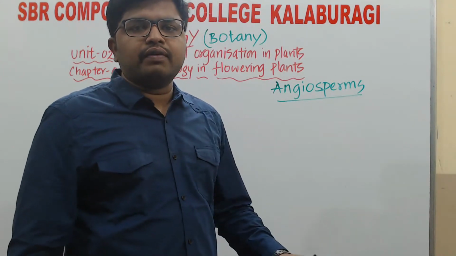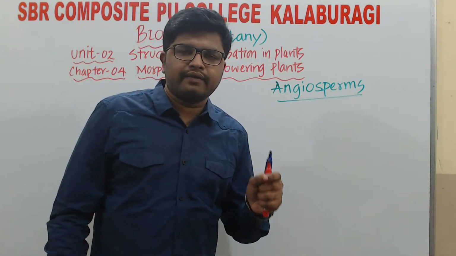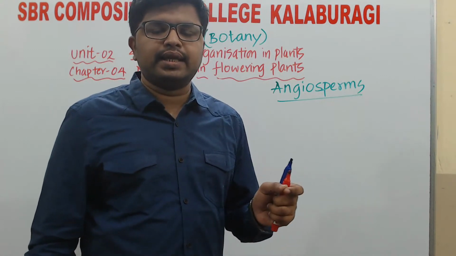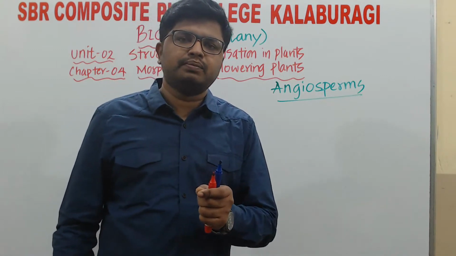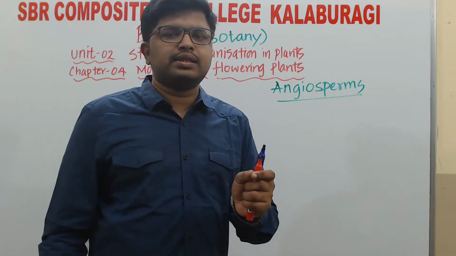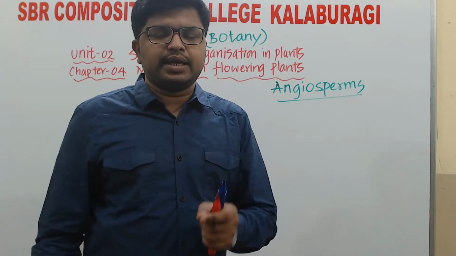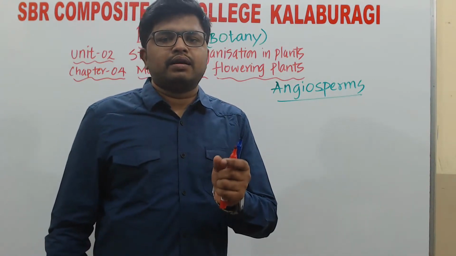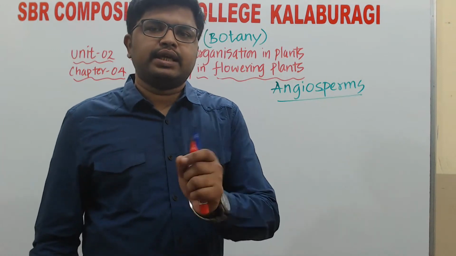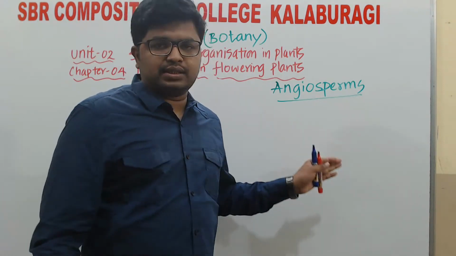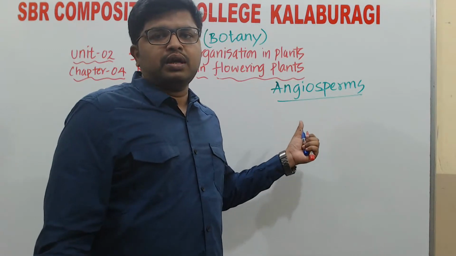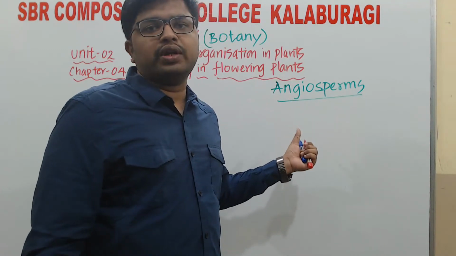Remember that. The flower has four whorls: the calyx, corolla, androecium, and gynoecium, where the androecium is the male reproductive structure, that is the stamen, and the female reproductive structure is the gynoecium. With the help of these, they perform an important event, that is pollination.